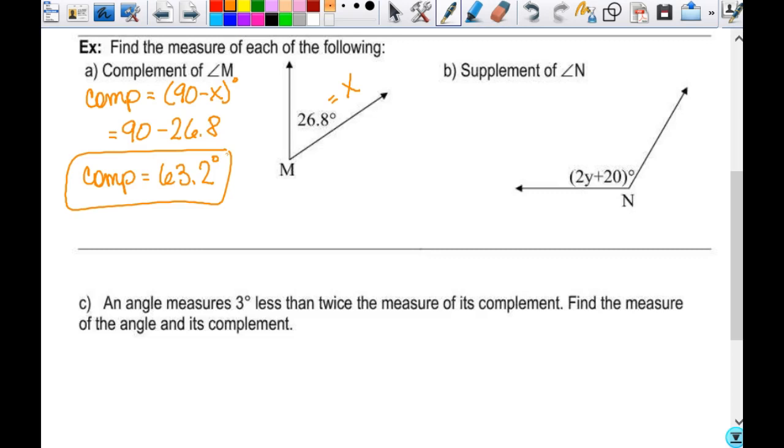All right, so then we have the supplement of angle N. The supplement of any angle, how do we represent that? 180 minus x, which means this whole thing here represents x. So go ahead and set that up.